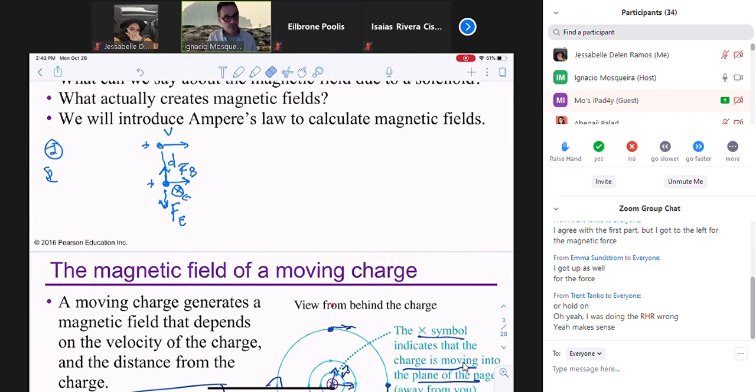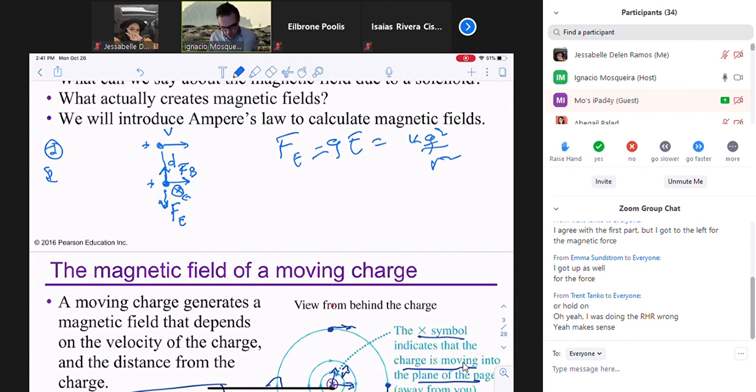I'll leave it to you as an exercise, but it's easy to check. You put in the B field formula, you put in the force formula, and then you set it equal to the electric force, which I had here before, but it got erased. It's QE, and so the electric force is Q squared over R squared. That's the electric force.